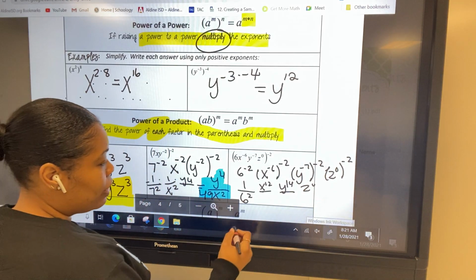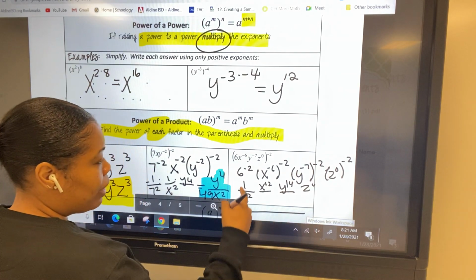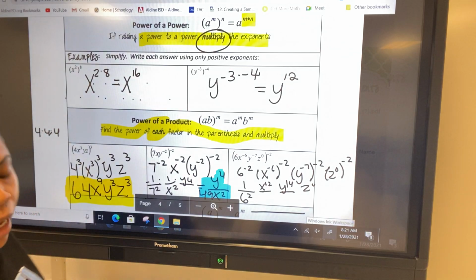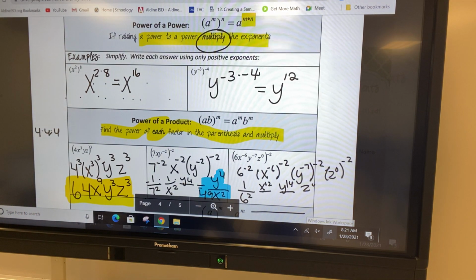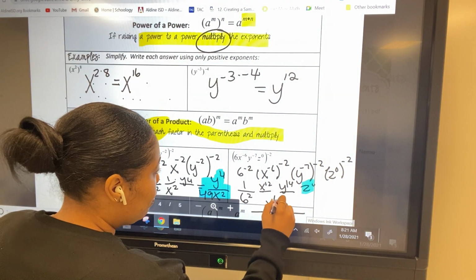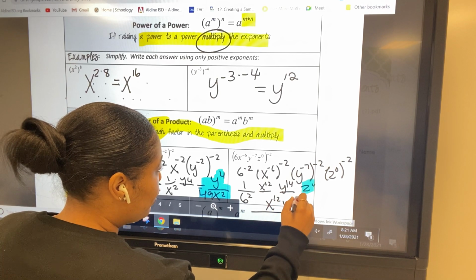So we can simplify a little bit. So on top, we're going to have 1 times x squared times y to the 14. And then what's going to happen here is that z to the 0 is just going to become 1. All right, so that's like a 1. So all we end up with in the numerator is x to the power of 12 and y to the power of 14.